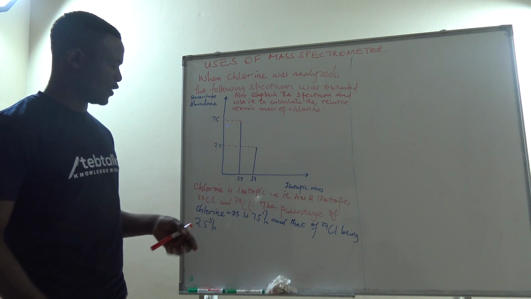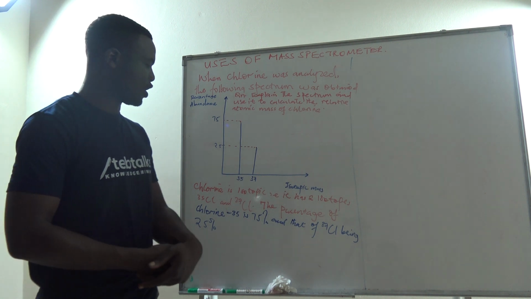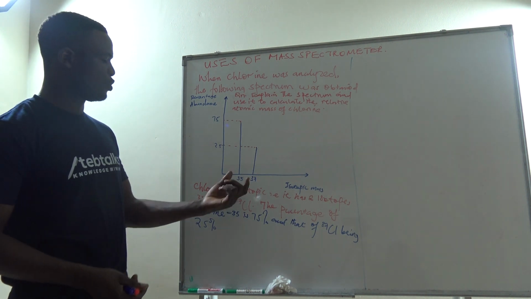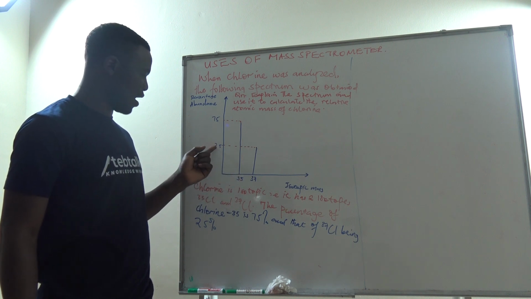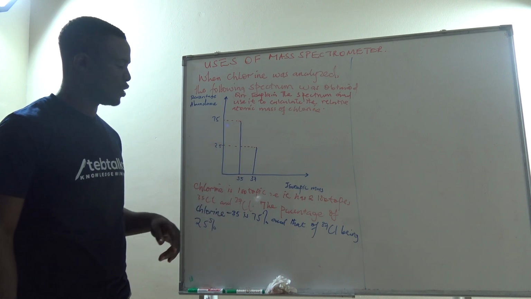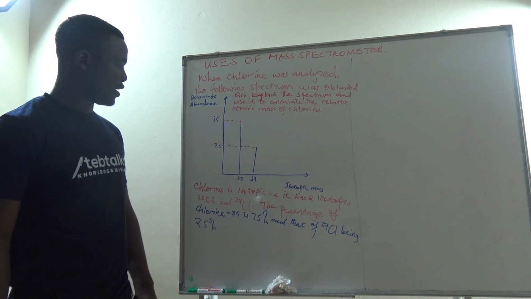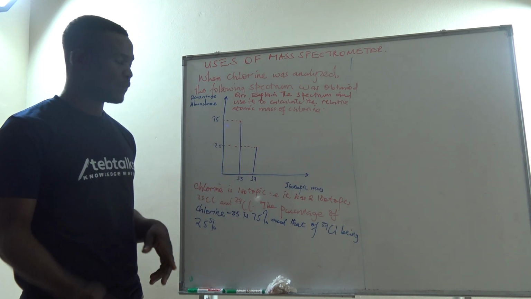It means that if we had chlorine atoms and the two isotopes are present, then 75% is chlorine 35, and 25% is chlorine 37.